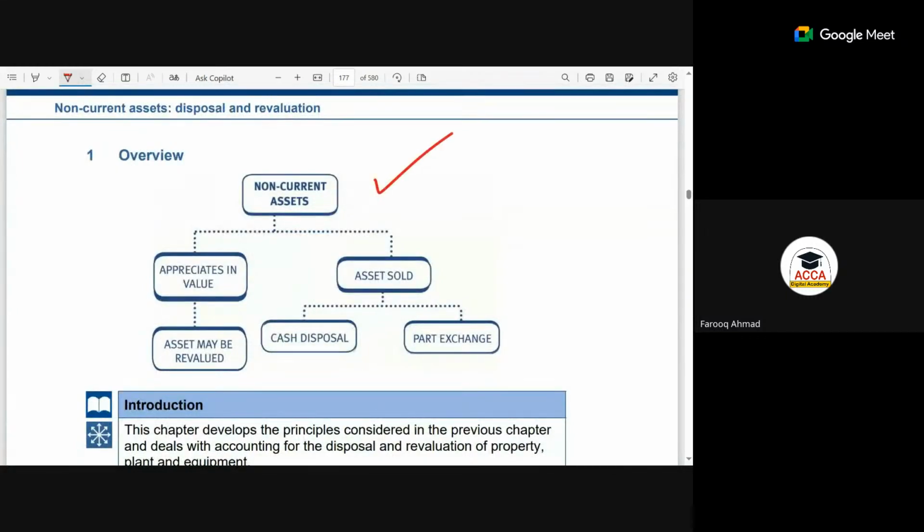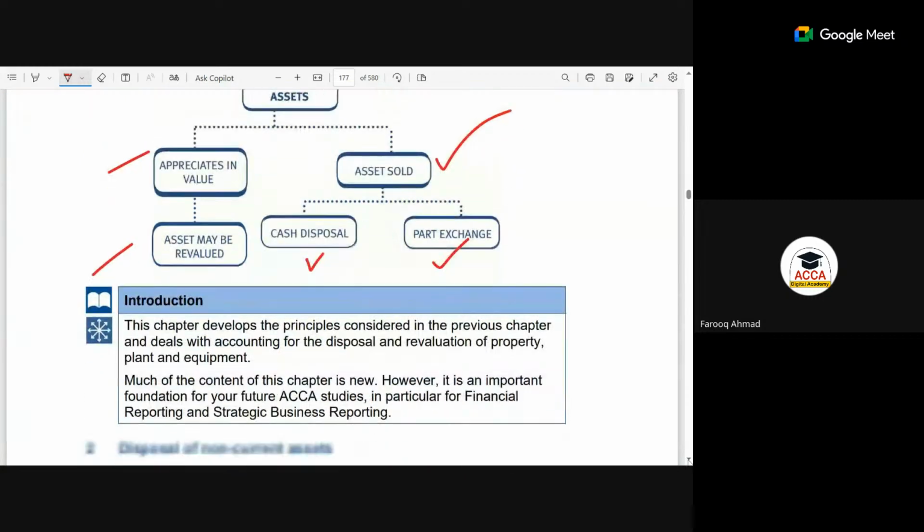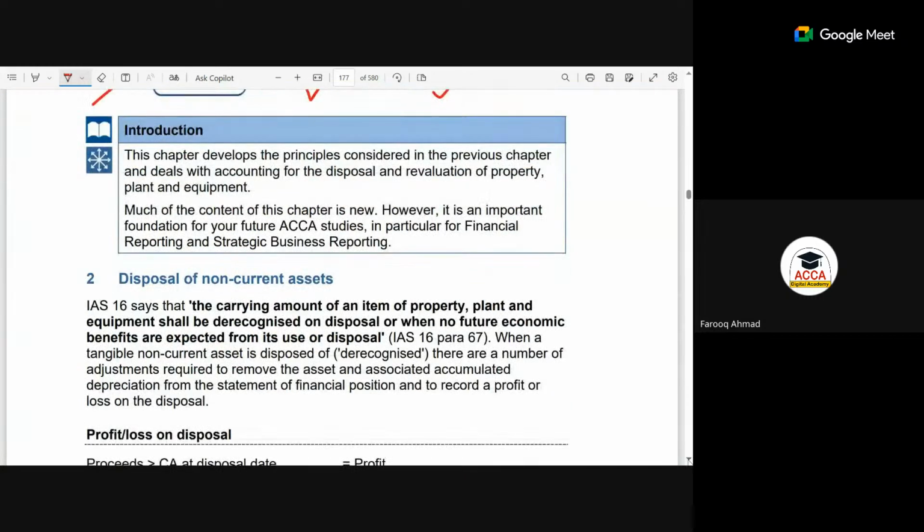Overview: non-current assets may be sold for cash, disposed of or part exchanged, and with an appreciation in value an asset may be revalued. So we'll see how it is happening. Disposal of non-current assets, according to IAS 16, says the carrying amount of an item of property, plant and equipment shall be de-recognized on disposal or when no future economic benefit is expected.